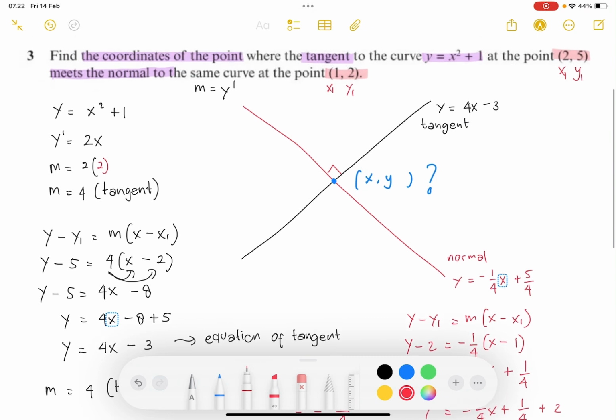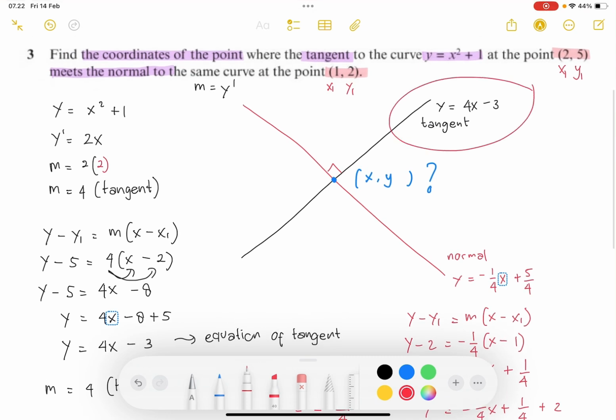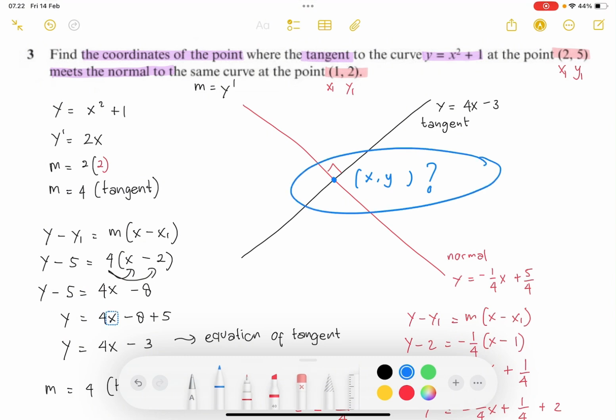Then next, after we find both equations, how do we find the blue part here? Remember, how do we find the intersection point? Make the y's the same.